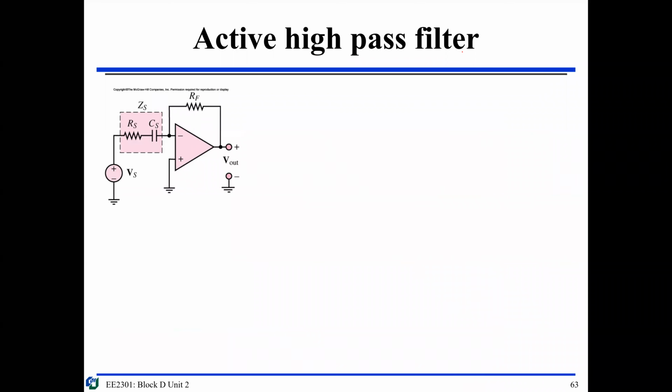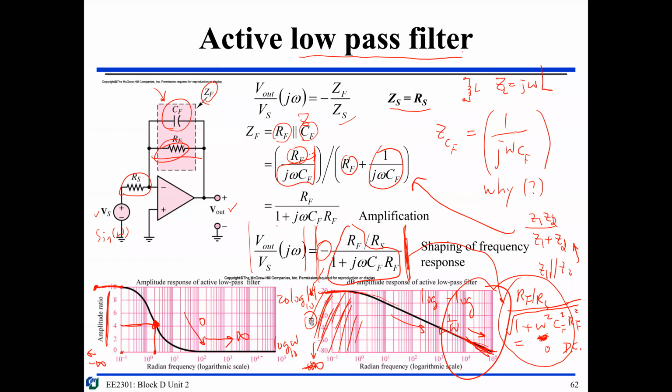So we can see what's the difference between here and here. This is in the feedback. What does feedback mean? This is the output, and I feed it to this side. So this is called feedback. So our ZF, what does the F stand for?